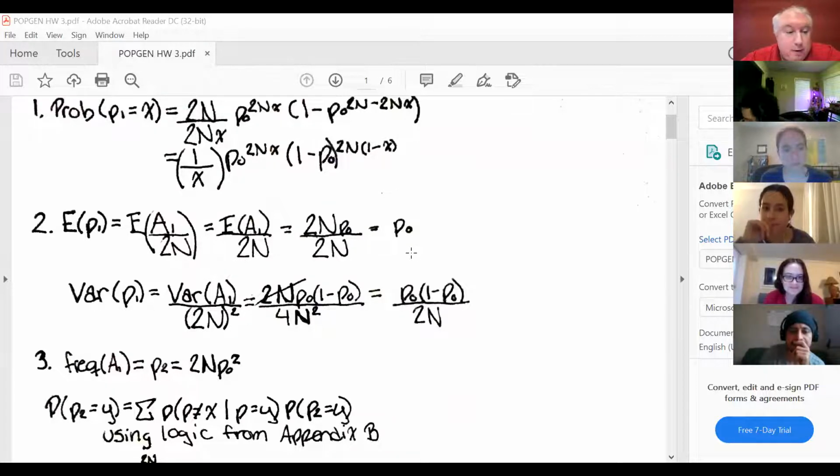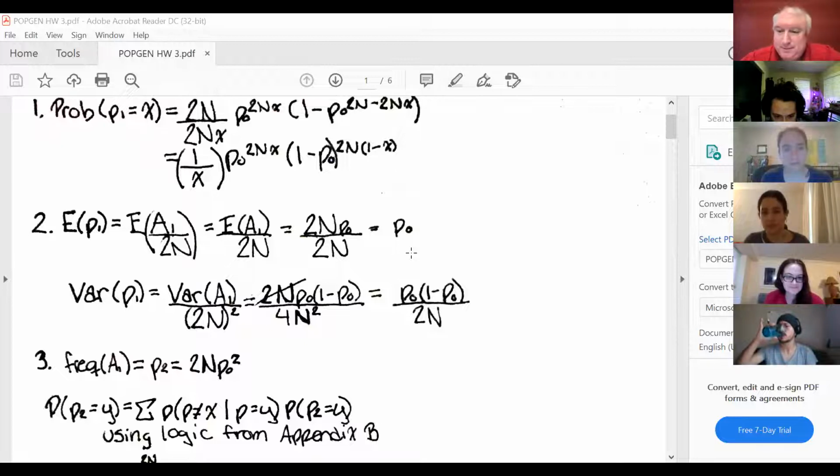You have a variable P1, and that's got some expectation. And you know that expectation is equal to some other random variable A1 divided by 2n. You pull the 2n out of the expectation. And you know the expectation of a binomial random variable is 2n times P0. You divide it and you got P0.